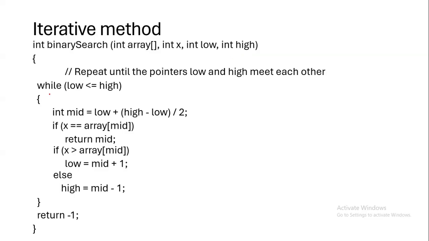The while loop executes as long as low is less than or equal to high. Inside the loop, we calculate the mid of the given array. Then next we compare the search element with the array of mid. After comparison, there are three possibilities.